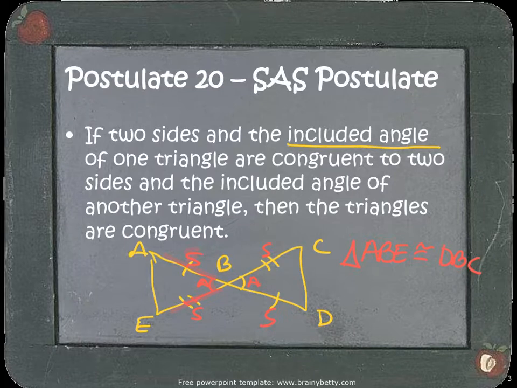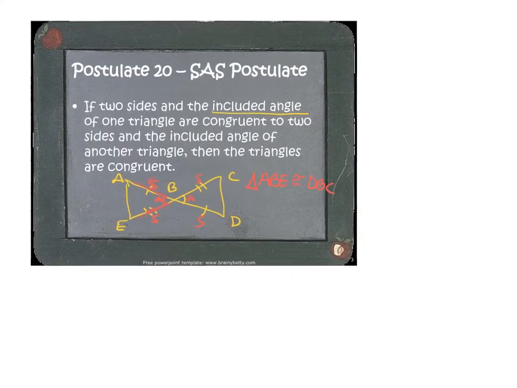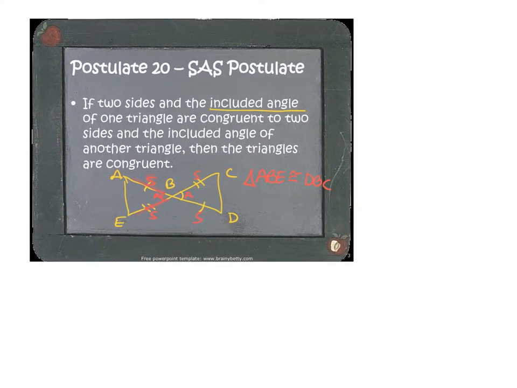So what you would do if you were writing a proof for this, you would state from the diagram that AB is congruent to BD and that EB is congruent to BC, and that would be your given. Then you would say that angle ABE is congruent to CBD by vertical angles, and then you would state the triangle congruence statement, and the reason would be side angle side. Let me write that down just so we can clarify. So if this were a proof, you would first state all the given.